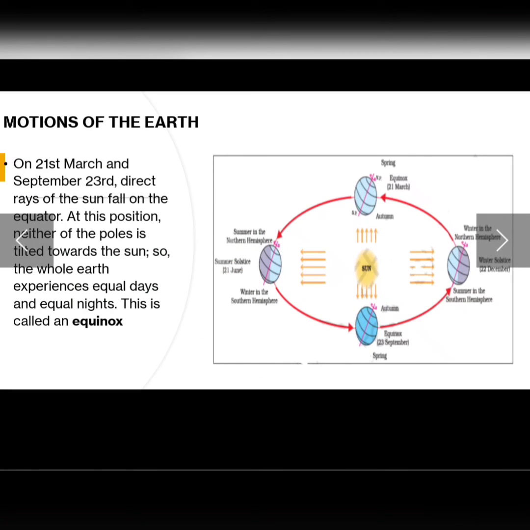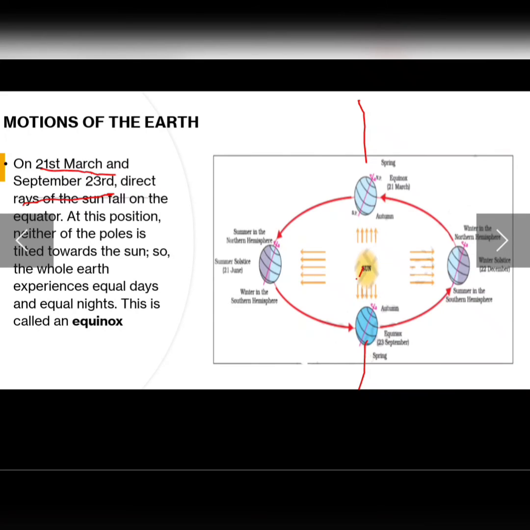Now talking about two of the most important dates, that is 23rd March and 23rd September. These ones we are dealing with now. Okay, and the sun's rays fall on the equator.